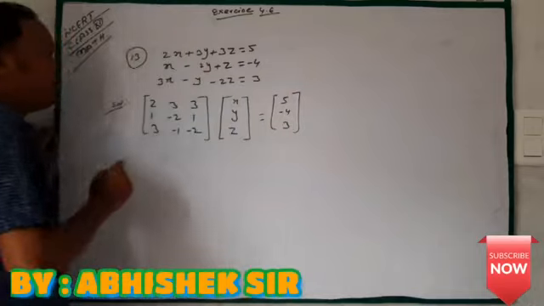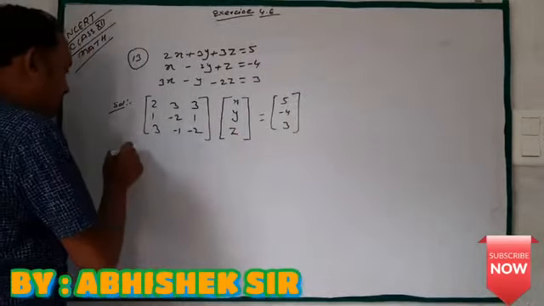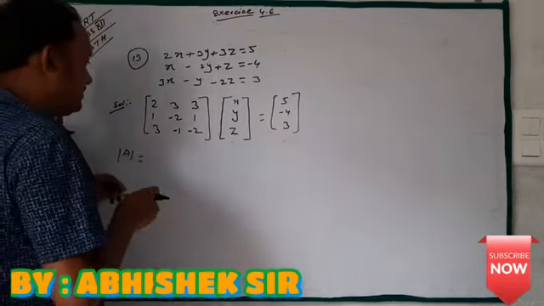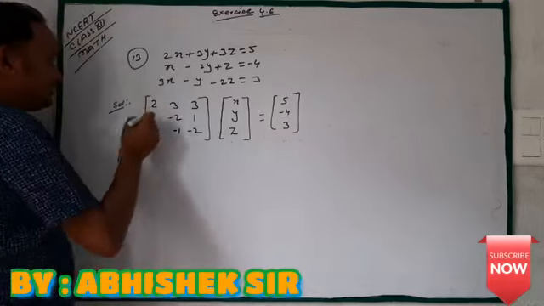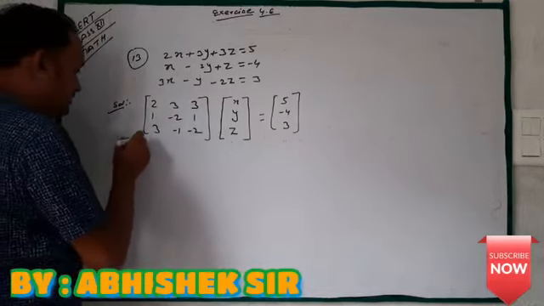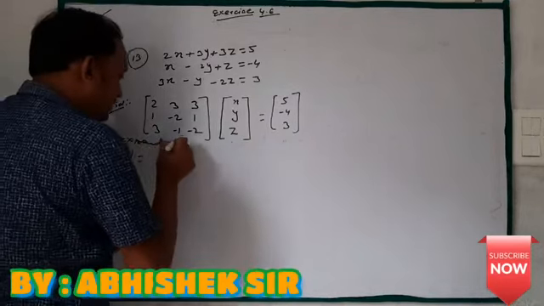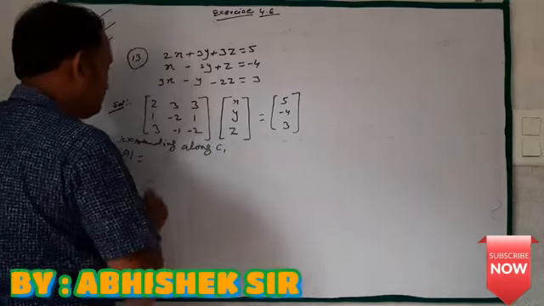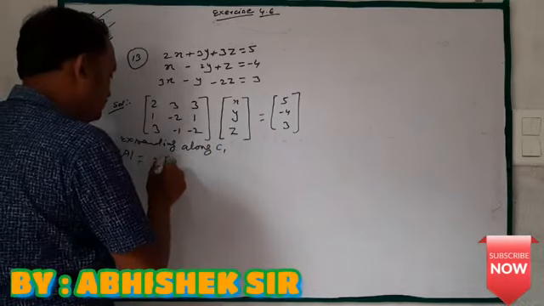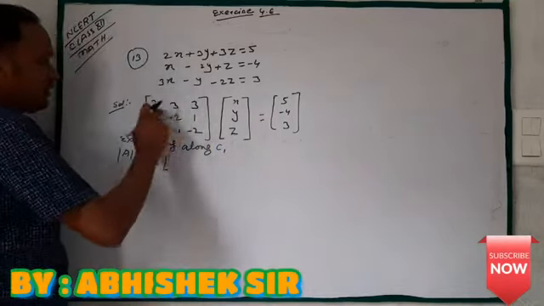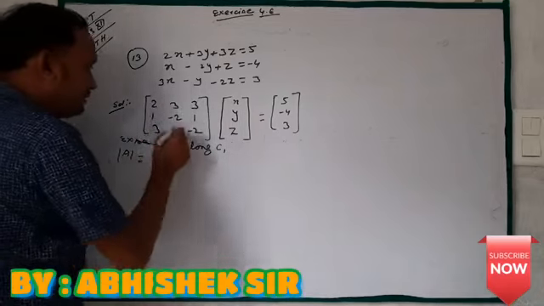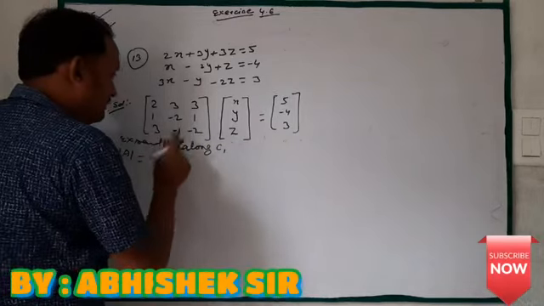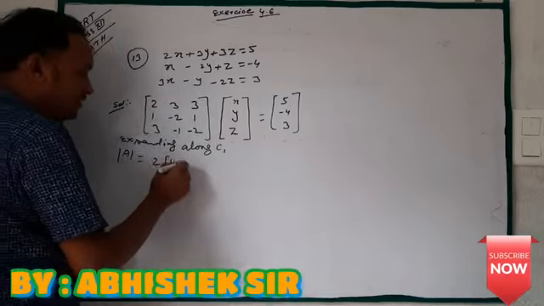Now, at first we have to find determinant A. Let's see how can we find determinant of A. Expanding along C1. 2, first row, first column. 2 times 4 plus 1, that is 5, minus 1, and the signs are plus, minus, plus.